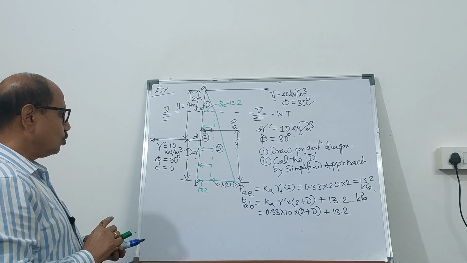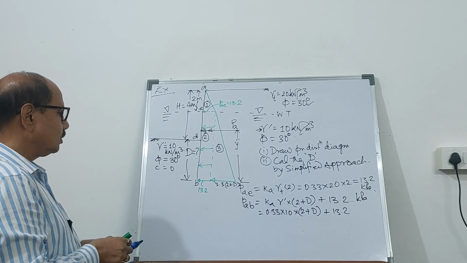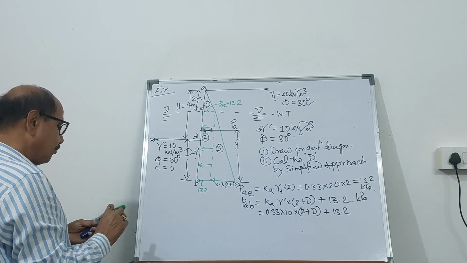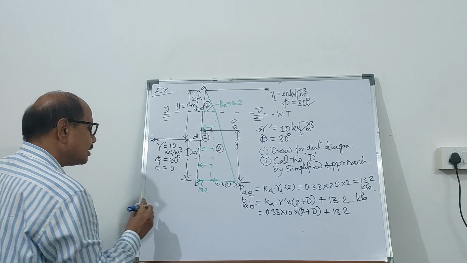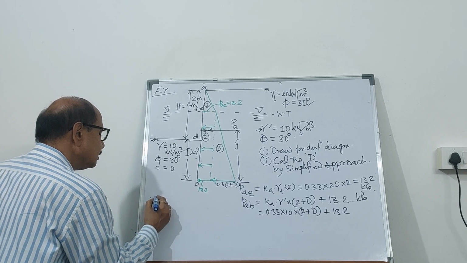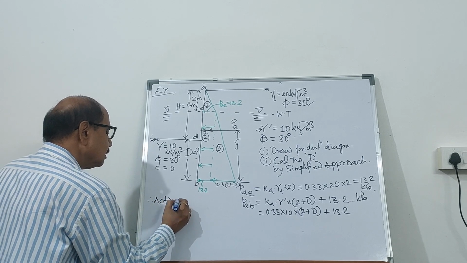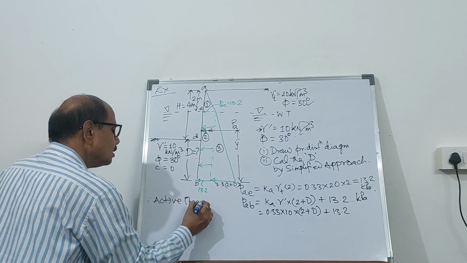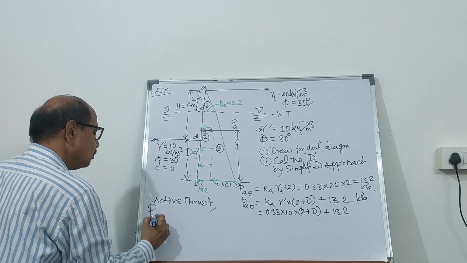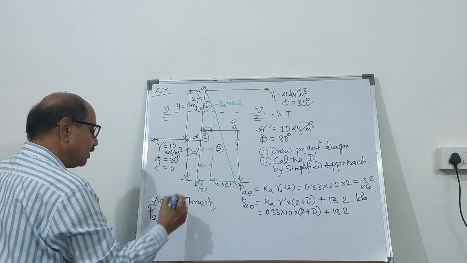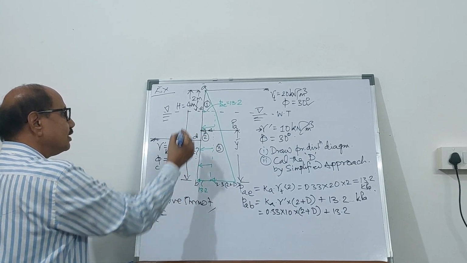So two things you will have to find out. So PA, therefore, the active thrust, PA will be the area of the pressure distribution diagram.